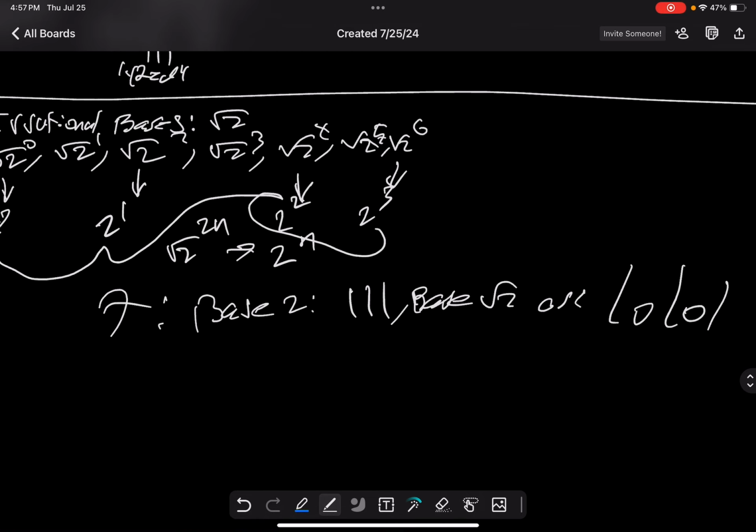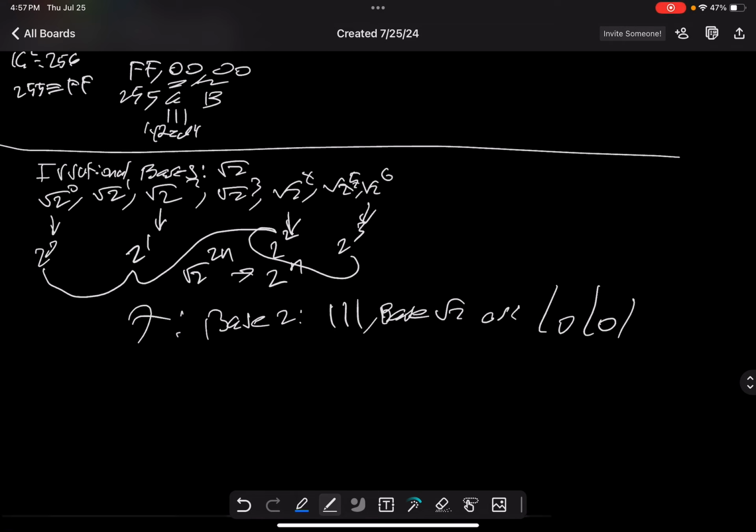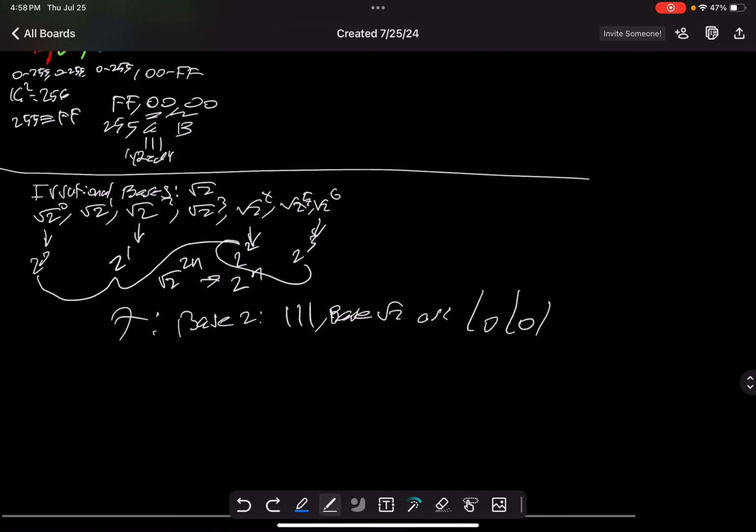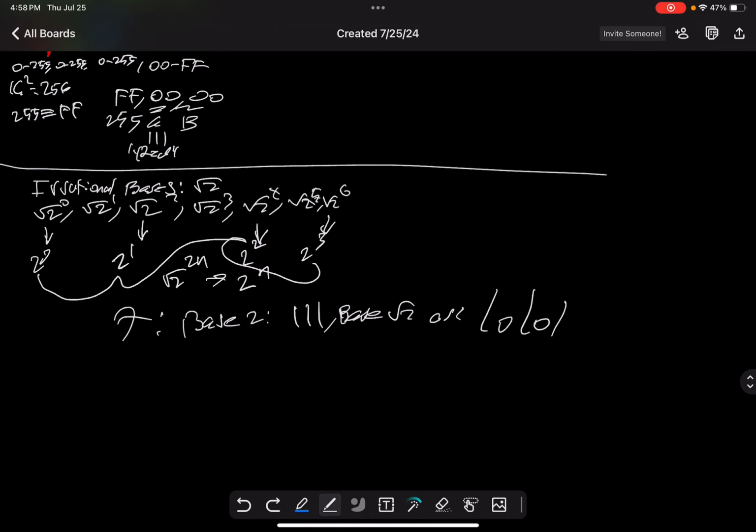Because all of this base 2 is essentially woven into the base square root of 2, but you have the 0 values for irrational values, and otherwise you have just base square root of 2. And so that goes for any square root irrational base.